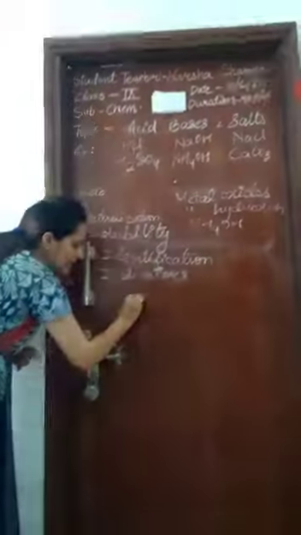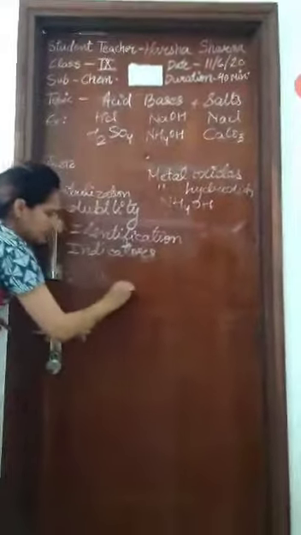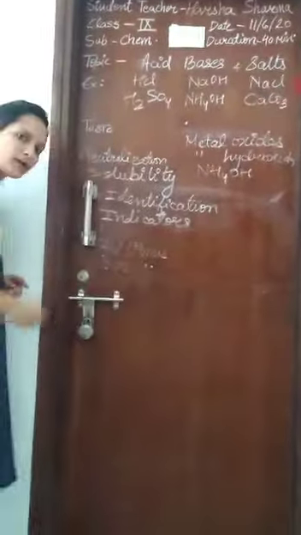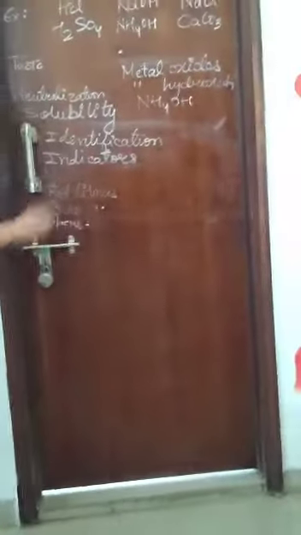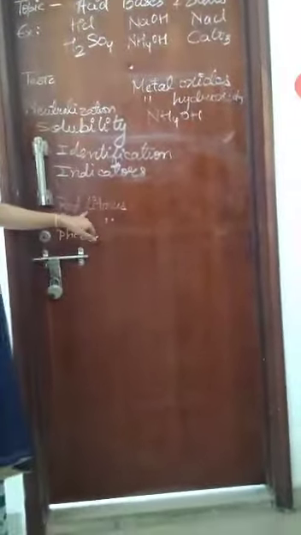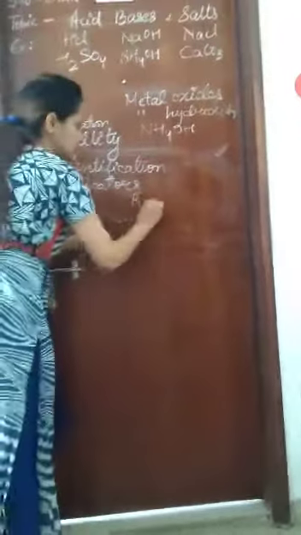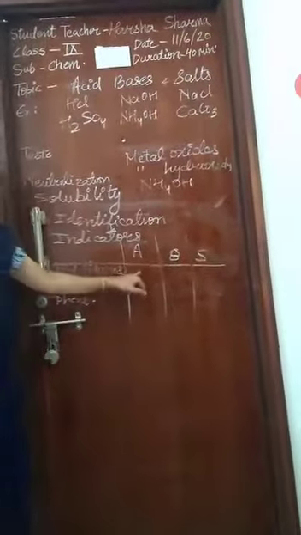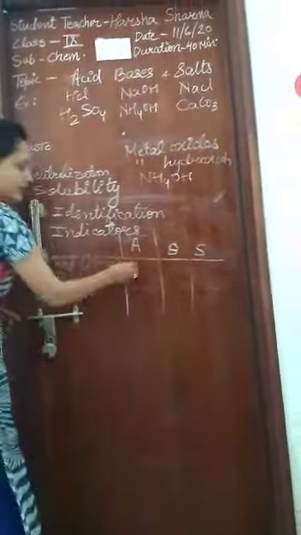are, first is the red litmus, next is blue litmus, and one more indicator, children, is phenolphthalein. So children, when red litmus is put into an acid, it remains colorless.